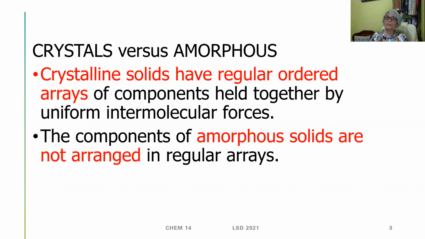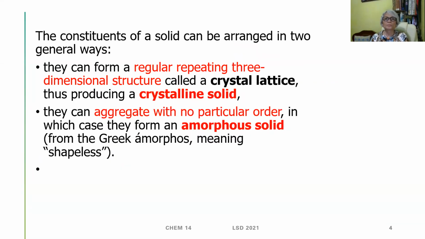Okay? So again, crystals have regular ordered arrays of components, whereas amorphous solids are not arranged in regular arrays. Now, the constituents of a solid can be arranged in two general ways. So dahil diniscuss na natin na ang solid pwedeng crystals, pwedeng amorphous. So generally, the arrangement would also fall into general ways.